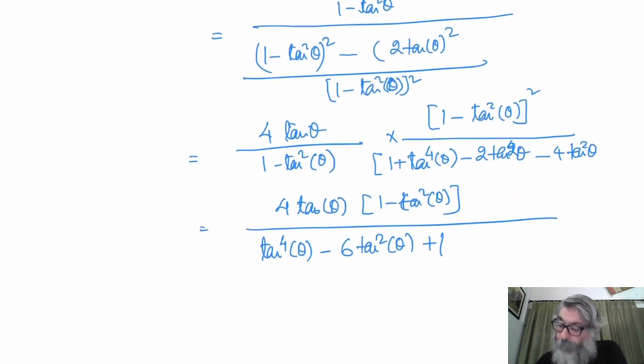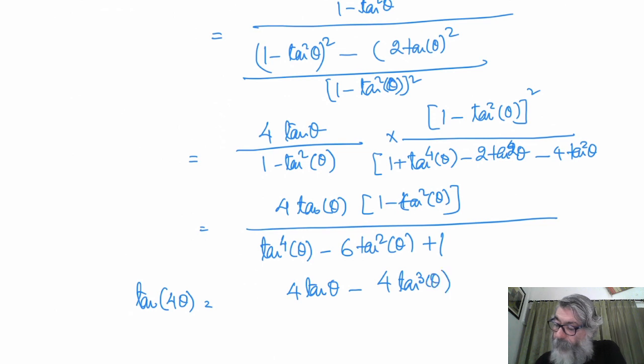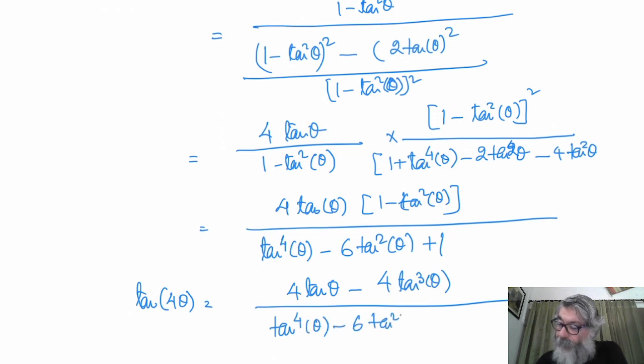So the total value of tan 4 theta, if I multiply it, is 4 tan theta minus 4 tan cube theta, upon tan 4 theta minus 6 tan square theta plus 1.